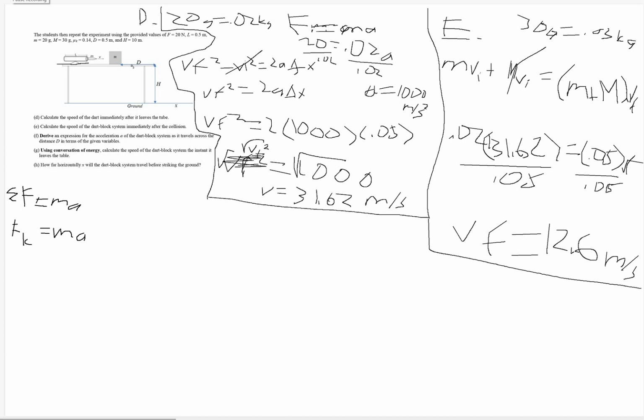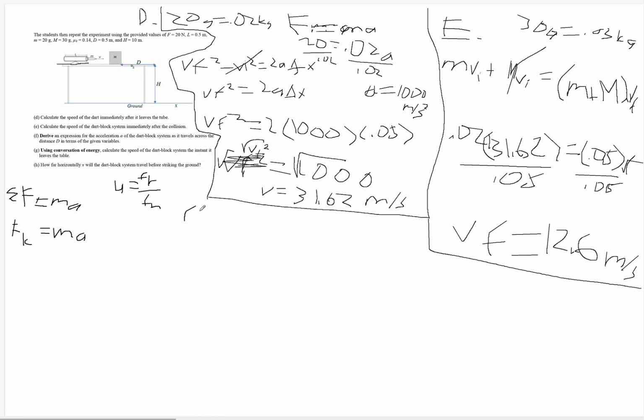We know that mu is equal to Fk over Fn. So we just multiply Fn to the other side.